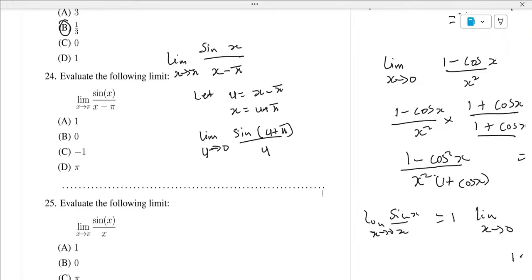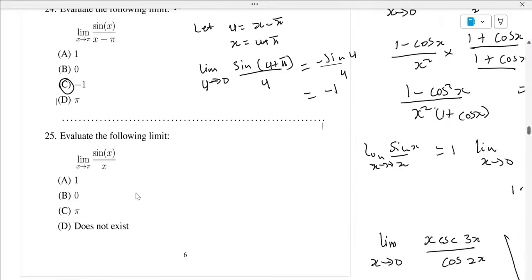Now we apply the trigonometric principle that sine of u plus pi we can write as negative sine u. That is when we use the sum, the compound angles. You have sine u all over u, and so this will give us negative 1. If we evaluate everything, this is equal to negative 1. And so that is C.